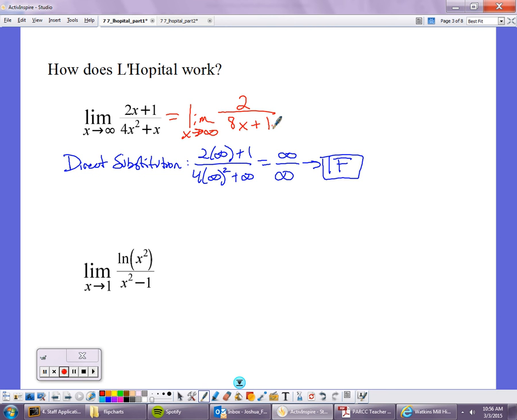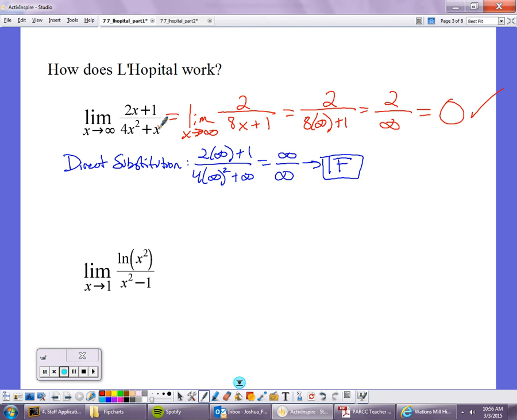Now I can use direct substitution. Now I get 2 over 8 times infinity plus 1, which is just 2 over infinity, which is 0. And I'm done. All I had to do was take the derivative of the numerator and the derivative of the denominator, and then I was able to use direct substitution from there.